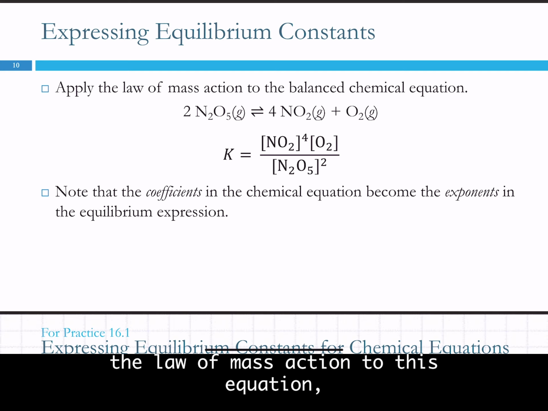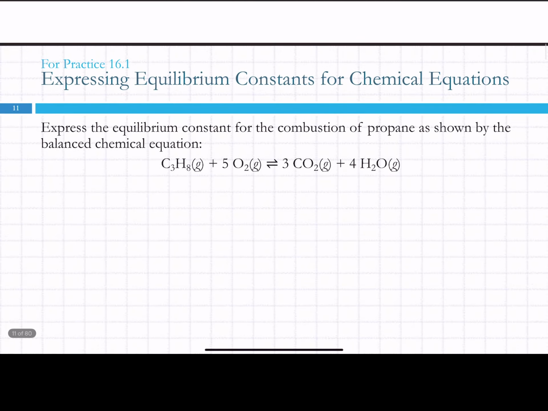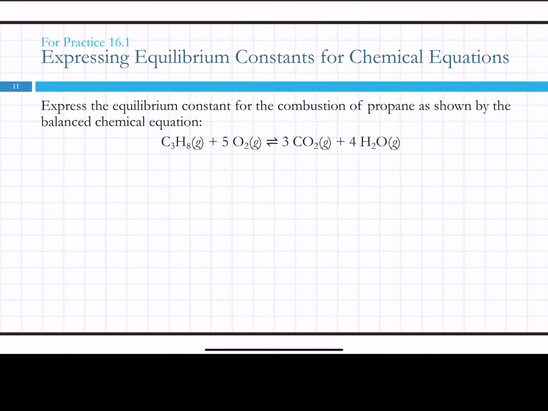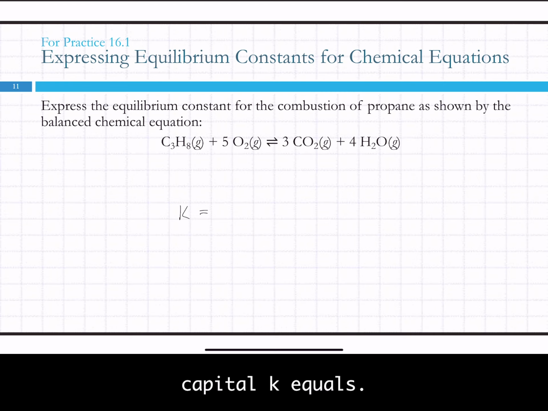So if we apply the law of mass action to this equation, again, our coefficients become those exponents. And give us an equation where we could find what K is. So if we want to express the equilibrium constant, capital K equals, what goes in the numerator?